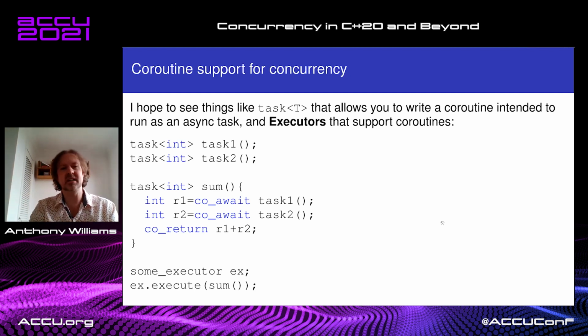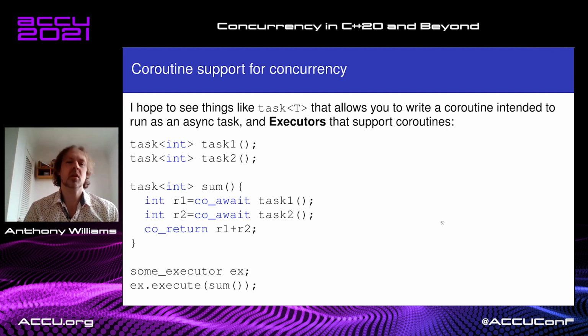Obviously, it needs to be tied into executors, and part of the reason for the sender-receiver model is that it allows that to work better with coroutines, because you can tie things together. You can encapsulate the executor that your coroutine is going to run on in the sender, and then the receiver can be the coroutine and can invoke the next part of the coroutine as the data gets processed.